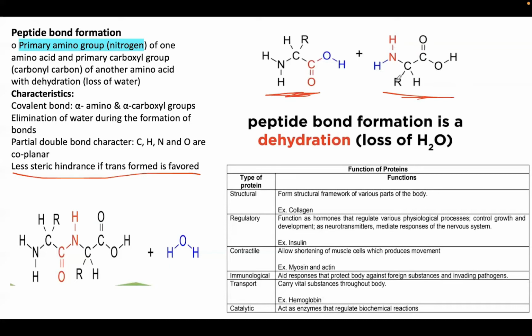In the peptide bond formation, we will notice that there is a loss of water, because one amino acid has a hydrogen atom and the other amino acid has an OH group on the other side. When they combine in the form of peptide bond formation, there will be dehydration or the loss of water.